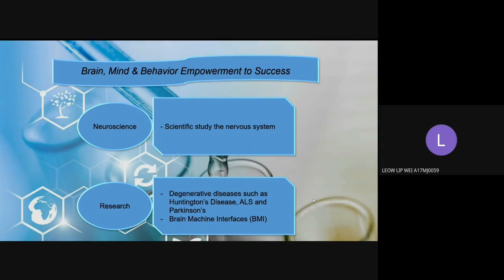Neuroscience research is advancing at a rapid pace, making exciting progress on a wide variety of issues. These range from the slowing of degenerative diseases such as Huntington's disease, ALS, and Parkinson's, to discoveries on how the brain develops in early childhood.